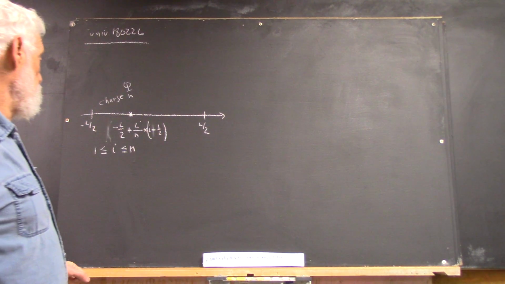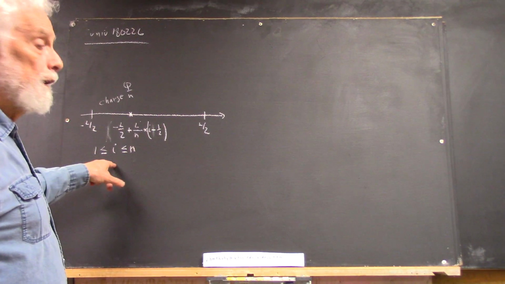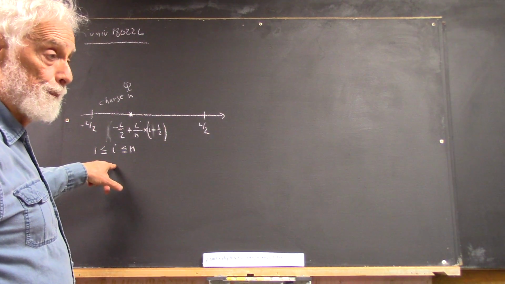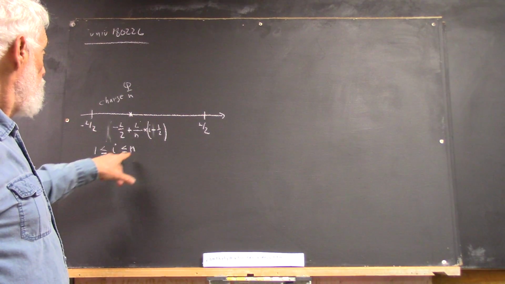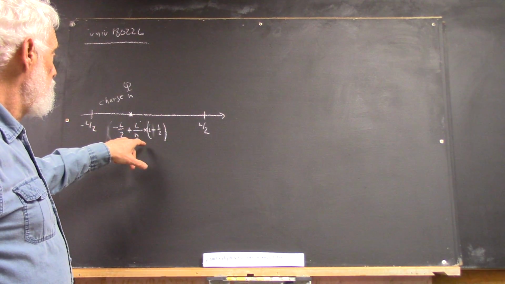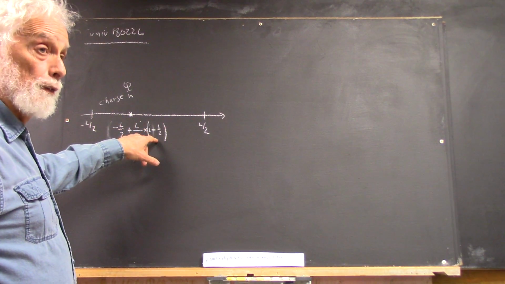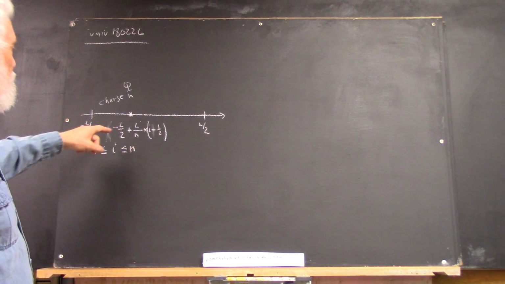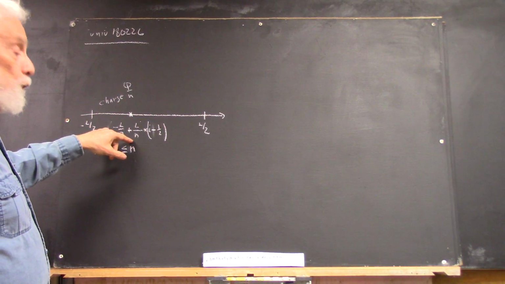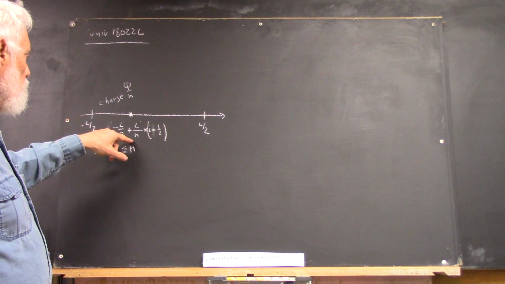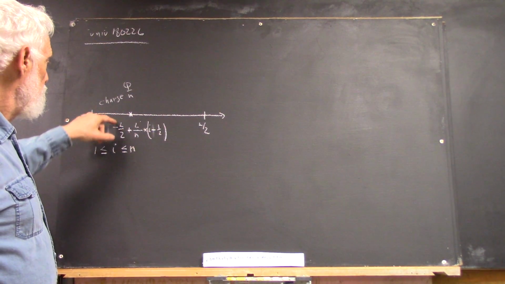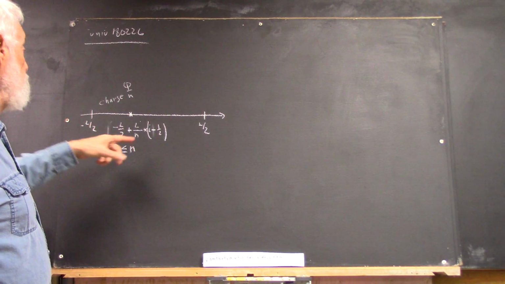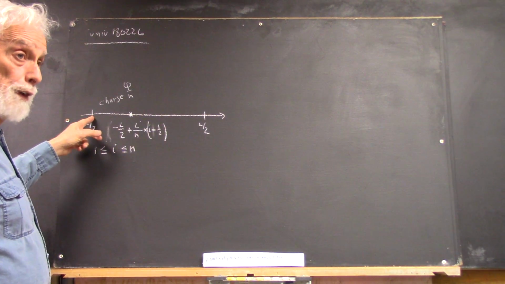So you might make that correction. If i equals 1, then you have L over n times negative 1/2, right? So adding L over 2n to negative L over 2 gives you, if n's a big number, something just a little more than negative L over 2.